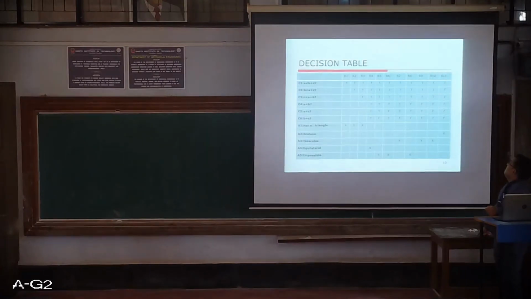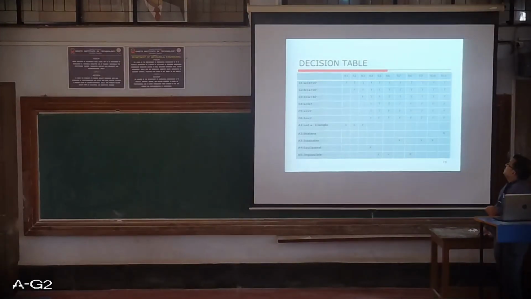That is rule number 7, where C4 is true and C5, C6 are false. That gives you the outcome, the action A3, as you can see.